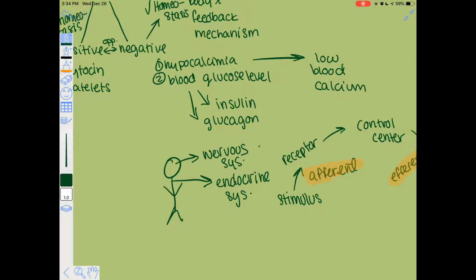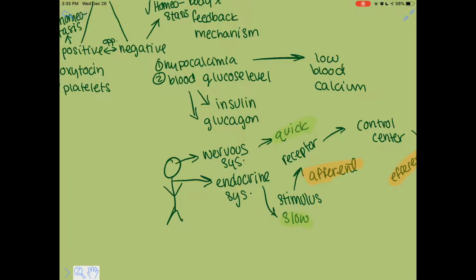Now, the nervous system is quick, but the endocrine system is slow. It uses hormones or chemicals to relay signals and information to other parts of the body. Now, this travels through blood, so it's slower, but nonetheless, they both get used up for homeostasis.